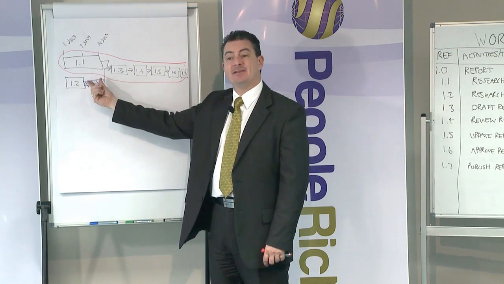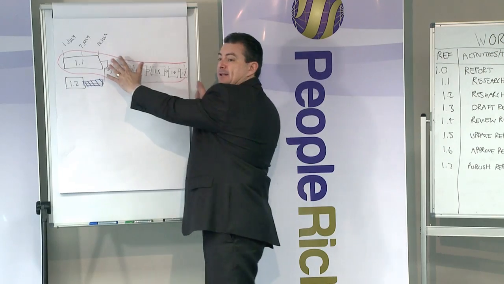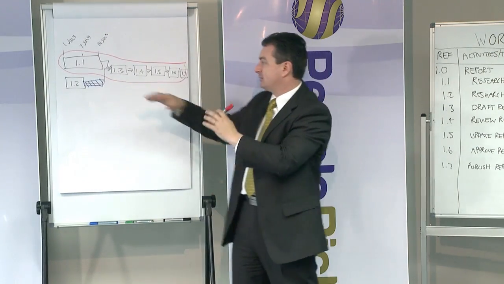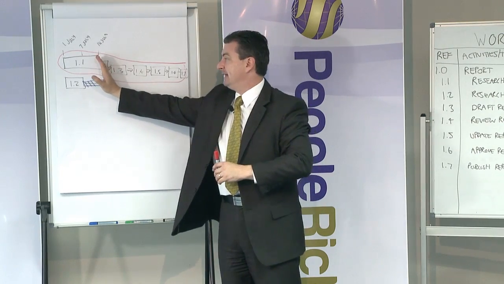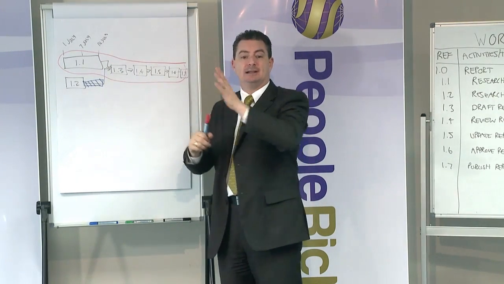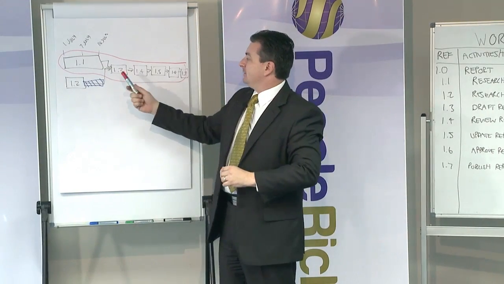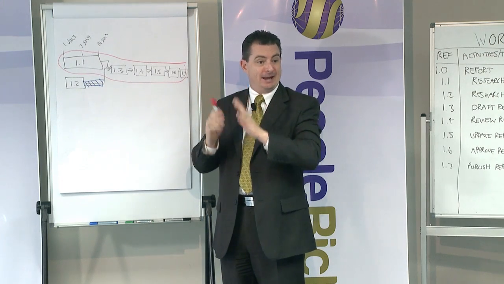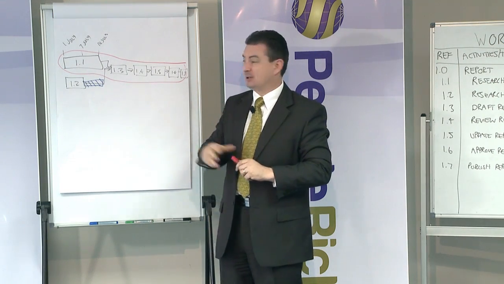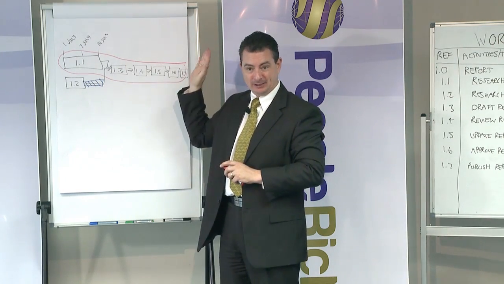But if I did it on the 7th, that meant that if it was late, it automatically is going to push all the other ones, because these two have to be done before we start this one. Which means if either of these are late, what's that going to do to the other ones? Make them late. So we want to keep as much float at the back as possible, because if it's late, we can usually recover before it impacts the whole project.